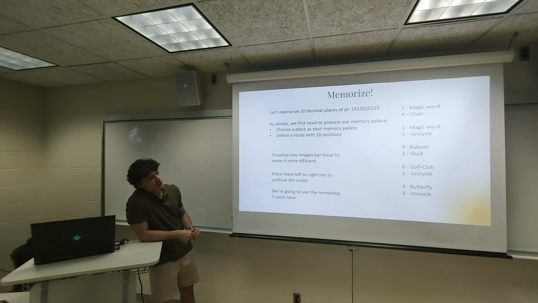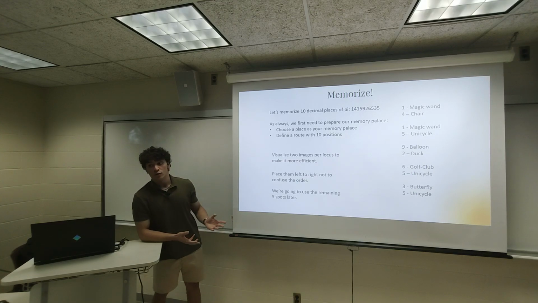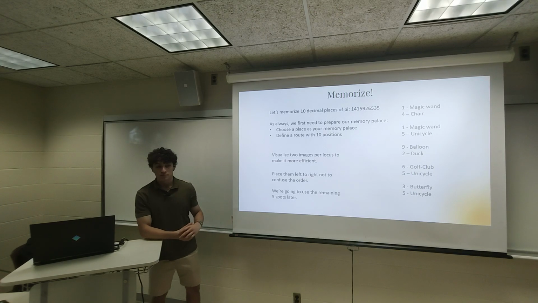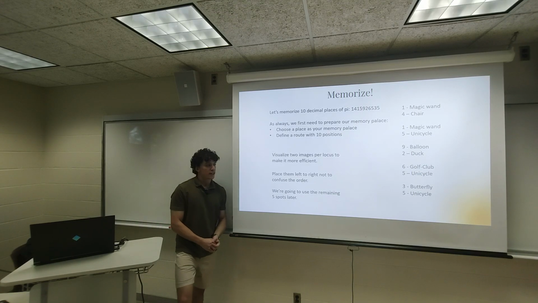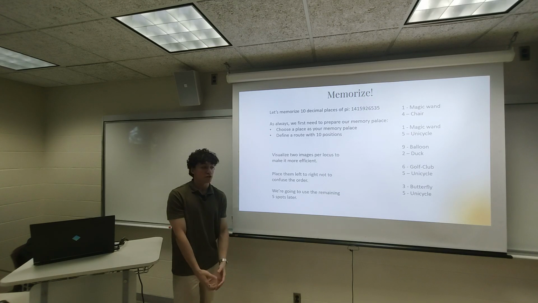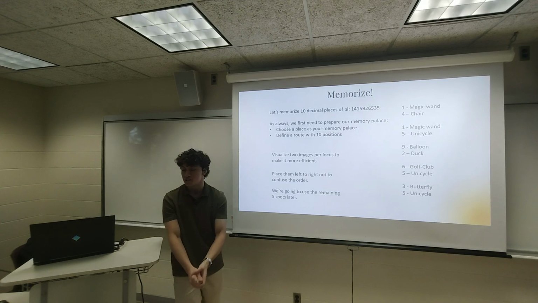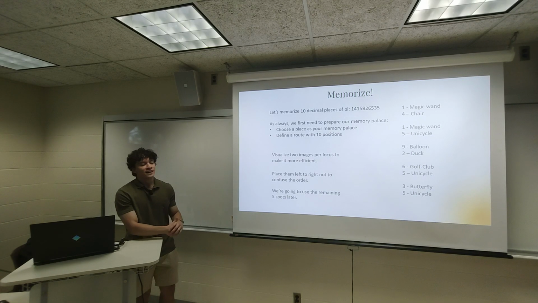So for a golf club and a unicycle, maybe you can imagine a sentient golf club riding a unicycle. You could imagine that you are picking up a golf club, and then you can imagine yourself joining the picture. You pick up a golf club and you're smashing a unicycle angrily.